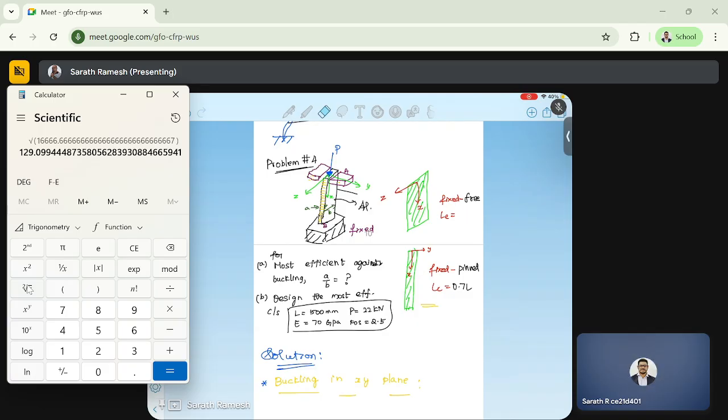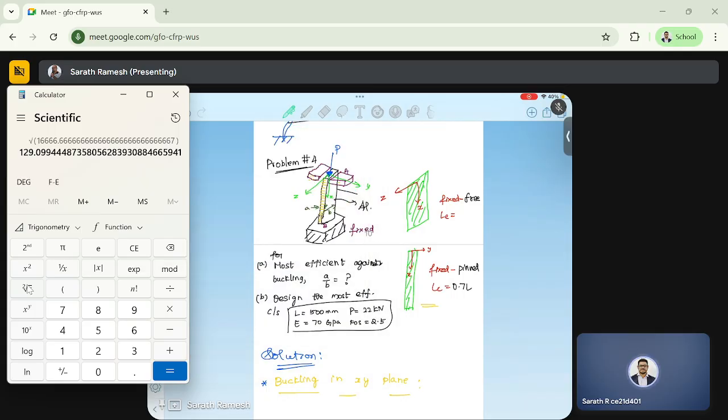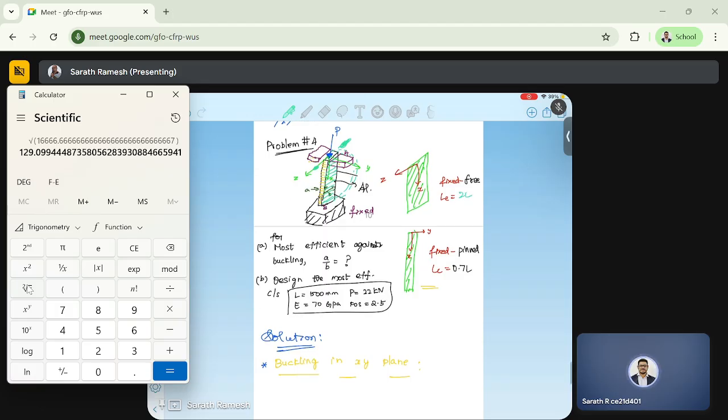Why is it free? The XY plane is this. Maybe I'll draw with a different color here. Here we see it is free, here it is free, so it can buckle freely like this. There is no restraint there. So that's why here it will be 2L.